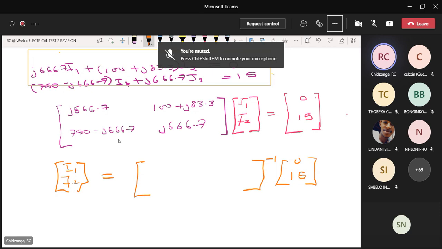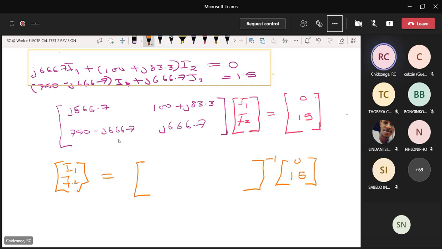Now, the inverse of this matrix here is obtained by changing the positions of these two. They are the same, so it will be J666.7, J666.7, and then you negate, in other words, you change the signs of these two, right?